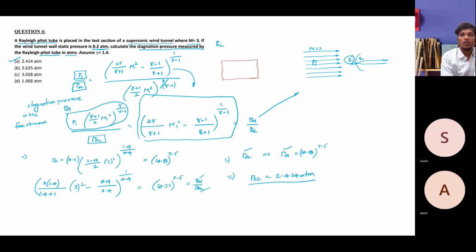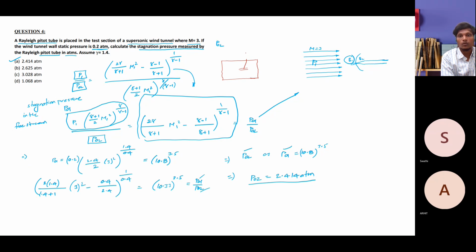So the primary thing that any experimentalist does is put a pitot tube somewhere in the flow and try to measure the reading given by the pitot tube.